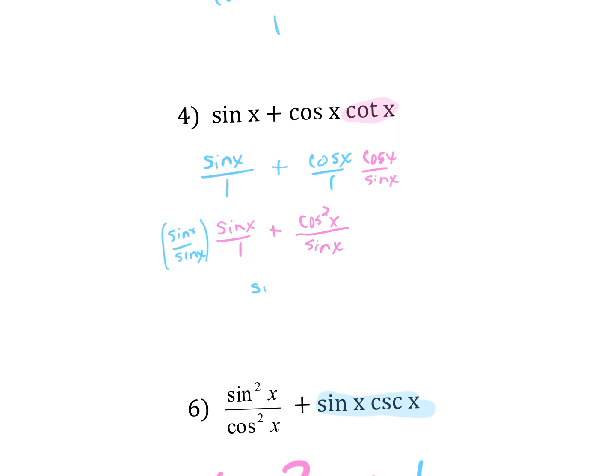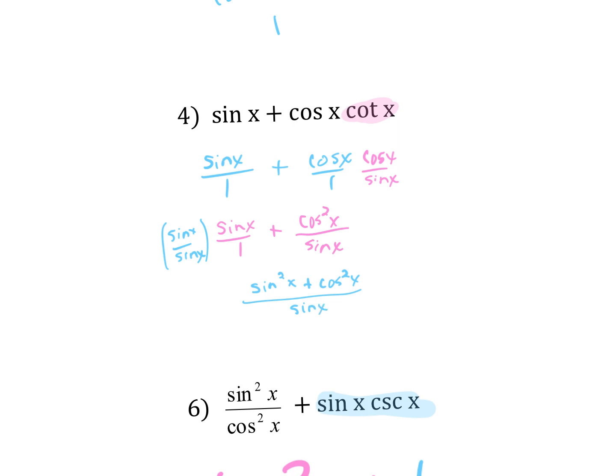Why are you using cosine x over sin x when you do 1 over? Because remember, I was saying that a general guideline to help with simplifying, we typically want to rewrite in terms of sines and cosines. So we get sine squared when we multiply that. We already have this plus cosine squared x. And then we're over our common denominator of sine x.